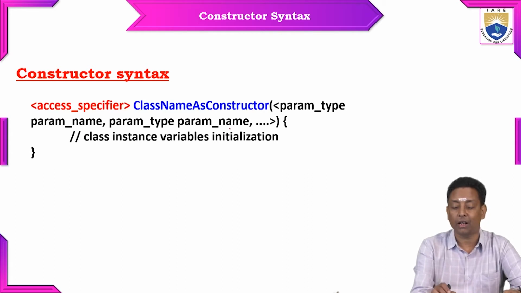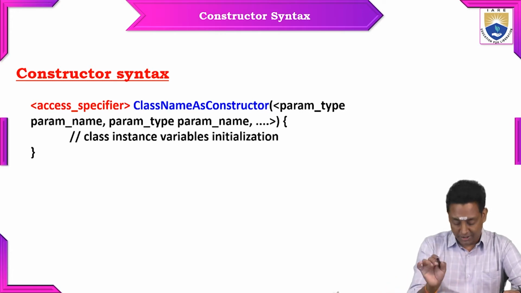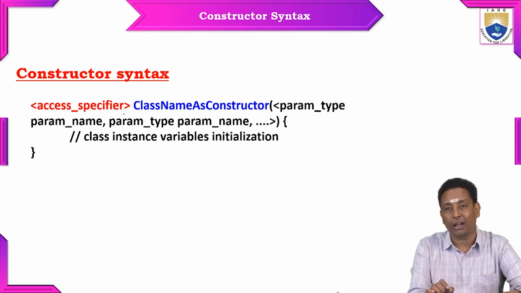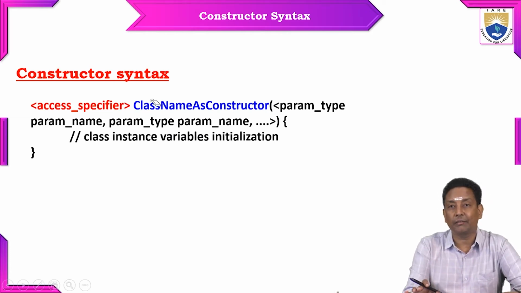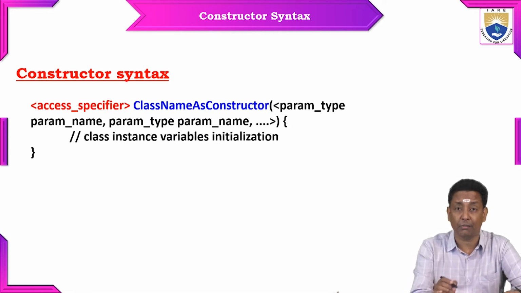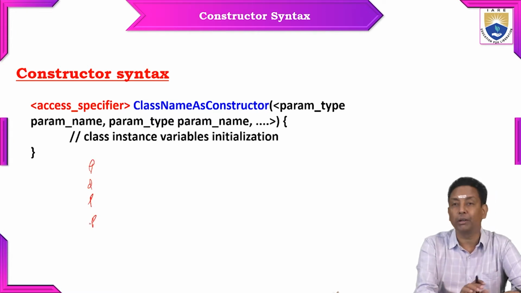Again parameter type, parameter name, and so on. If you look at the syntax carefully, I kept the access specifier in angular brackets. What does it mean? While writing a constructor, the access specifier is optional. Which access specifiers can we apply on a constructor? You can apply private, default, protected, public, all the four.